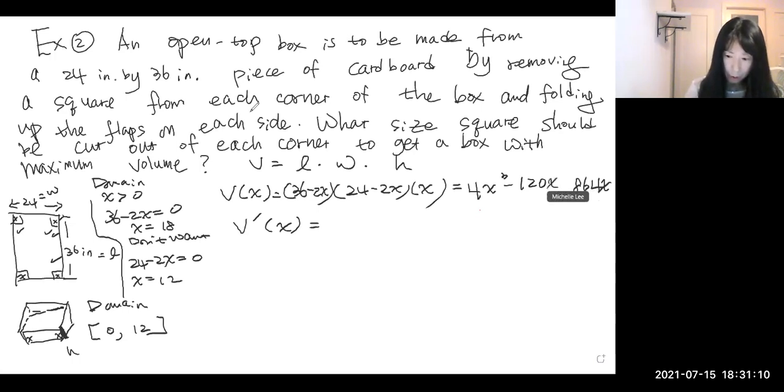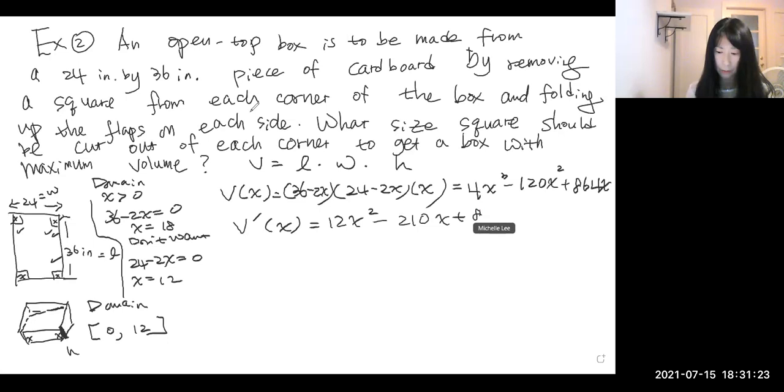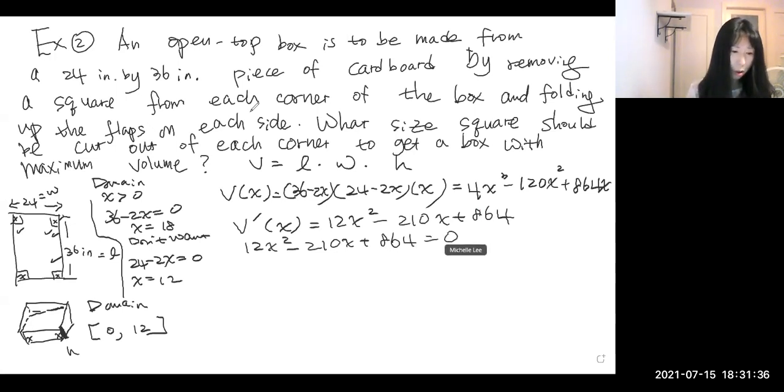So it looks like it wasn't squared, so she said it's 12x squared minus 240x plus 864. Okay, now let's set this equal to 0.